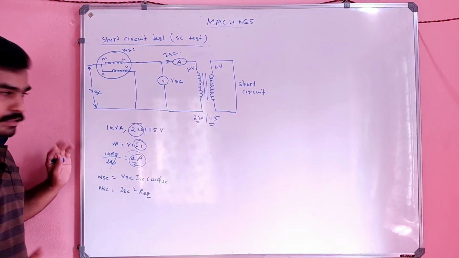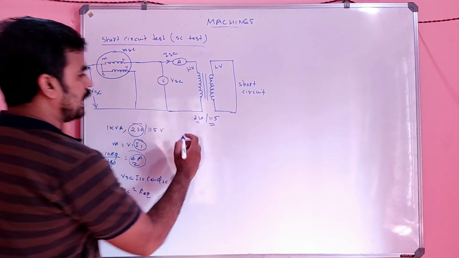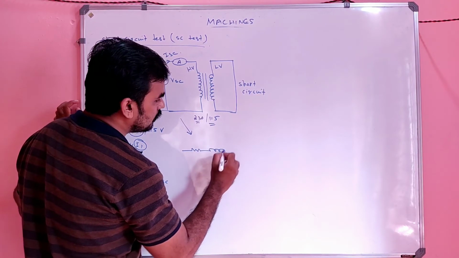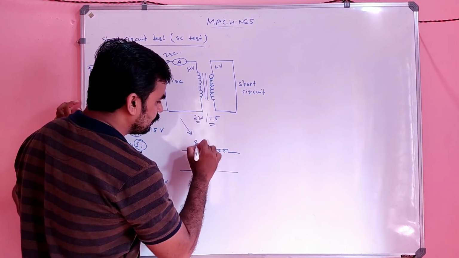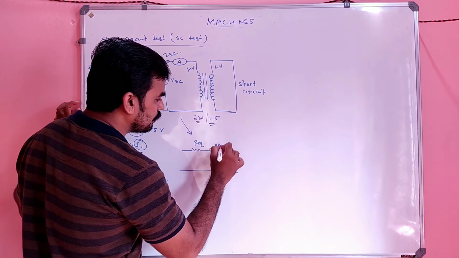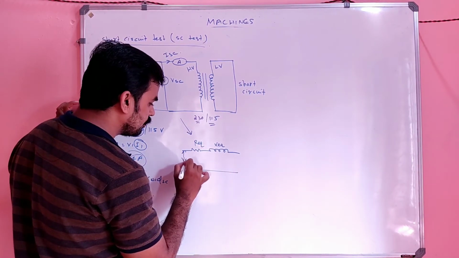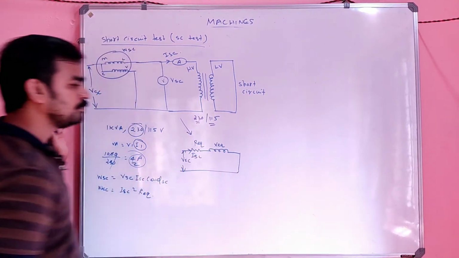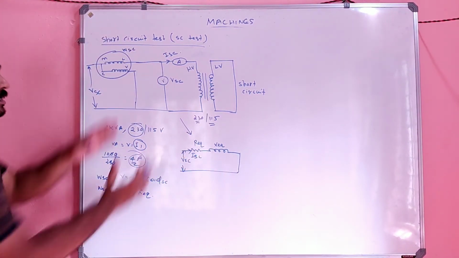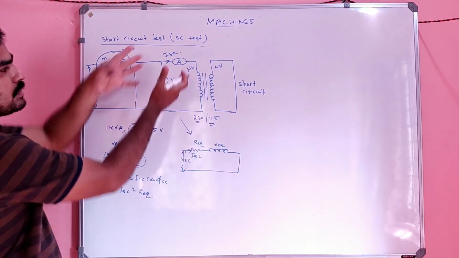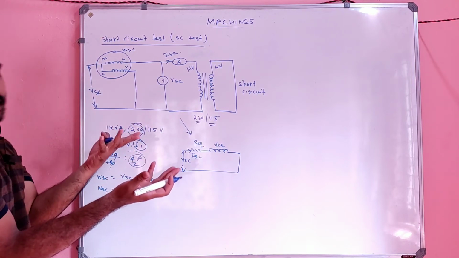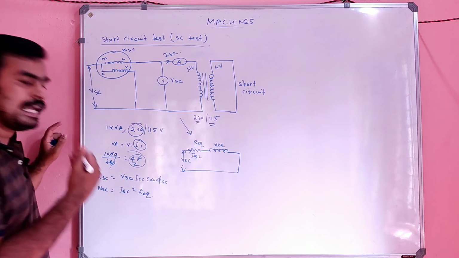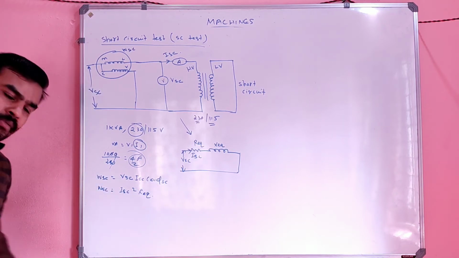The same circuit can be represented as equivalent resistance plus equivalent reactance referred to the high voltage side, with VSC and ISC. So WSC can also be written as ISC square into R equivalent.